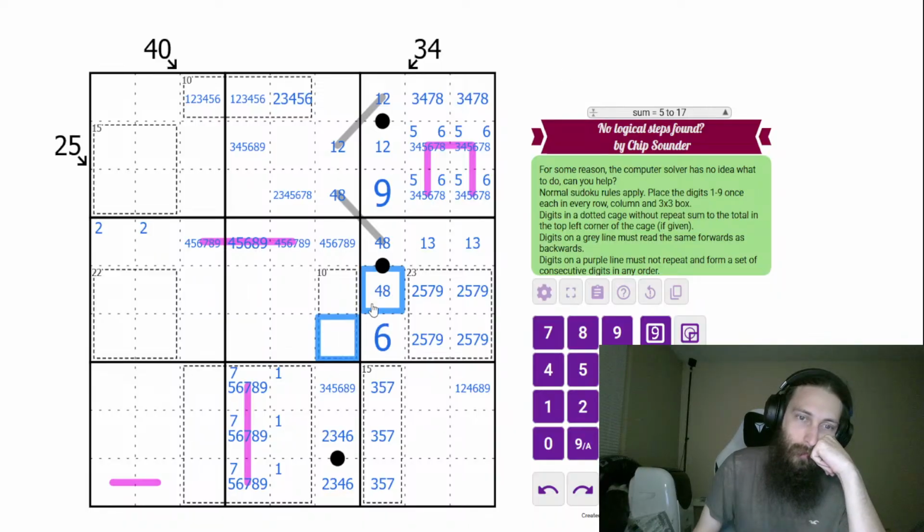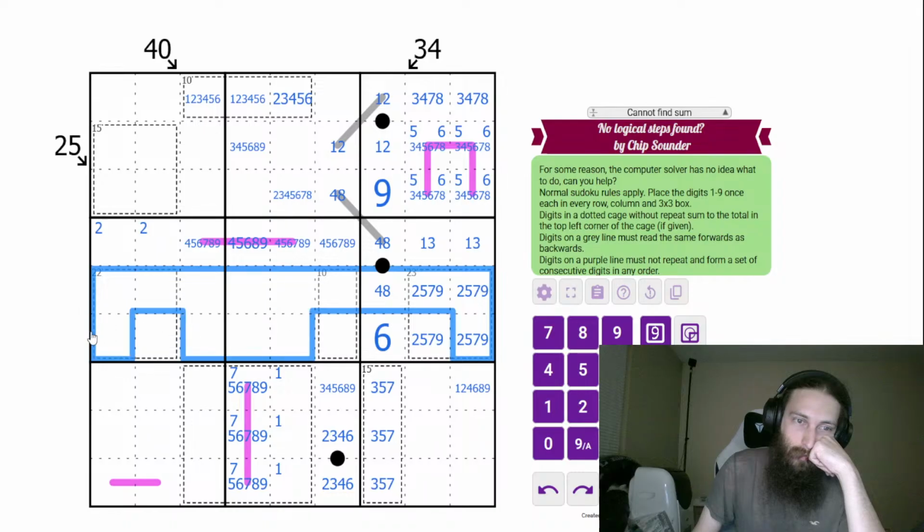How do I prove that this has to be a 4? Because they're in the middle of this cross.